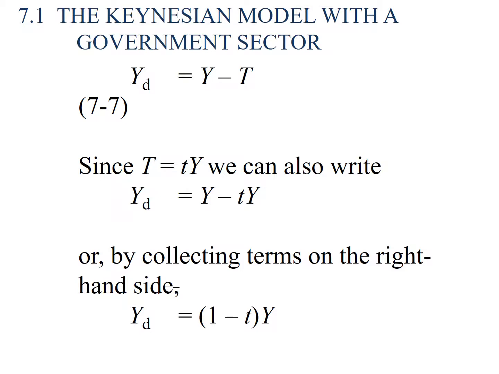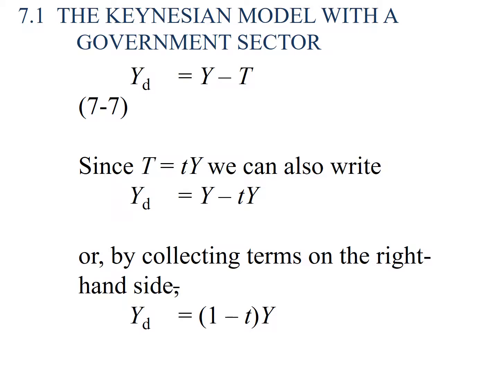To understand how taxes affect the equilibrium situation, we have to make a distinction between total income and disposable income. Remember, disposable income is equal to your net income minus taxes.